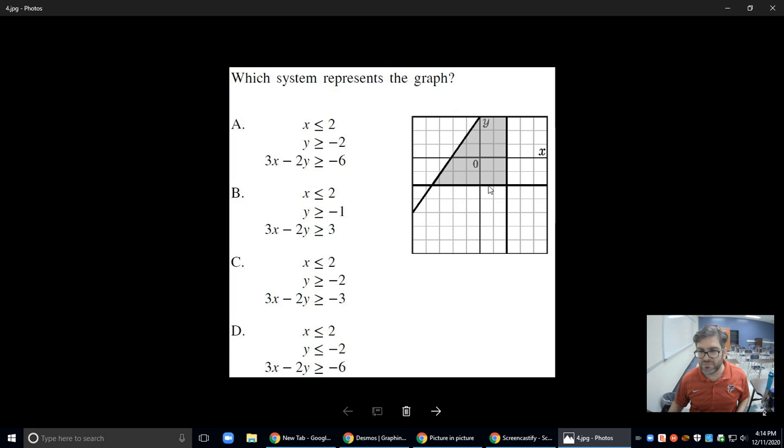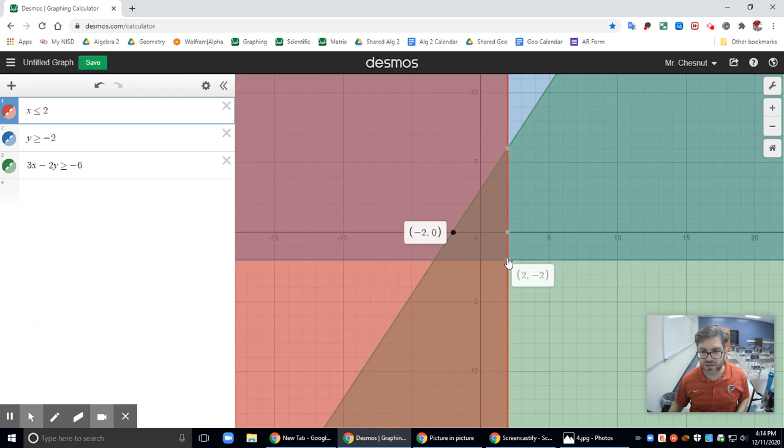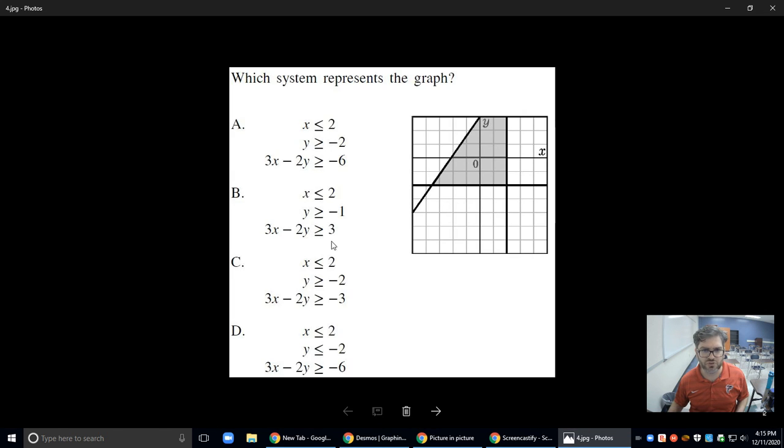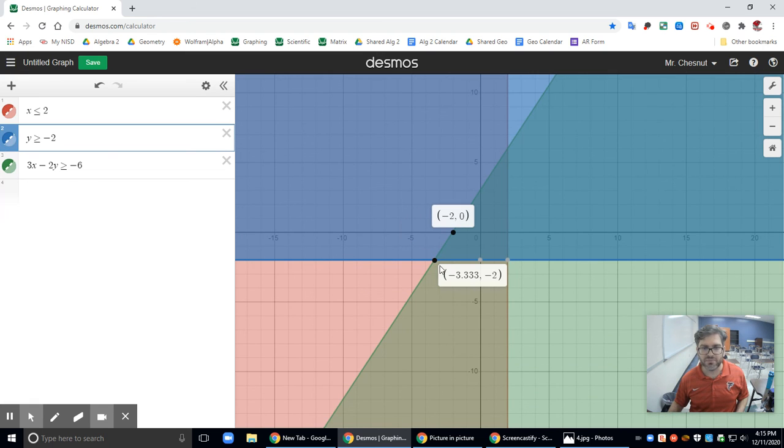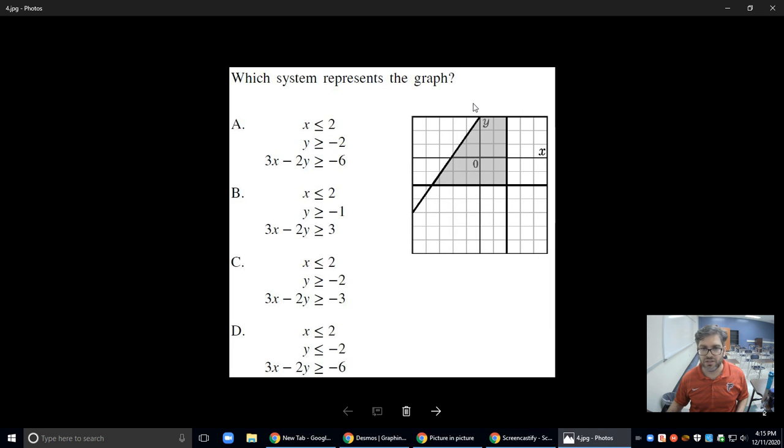Maybe not this one, because they meet at negative 2, 2, negative 2, and that happens in all the answer choices except for B. But this one, they meet at negative 3 something, and then down to negative 2. If I click right here, yes, negative 3 something, comma, negative 2. So that goes in line with what the picture is giving me.